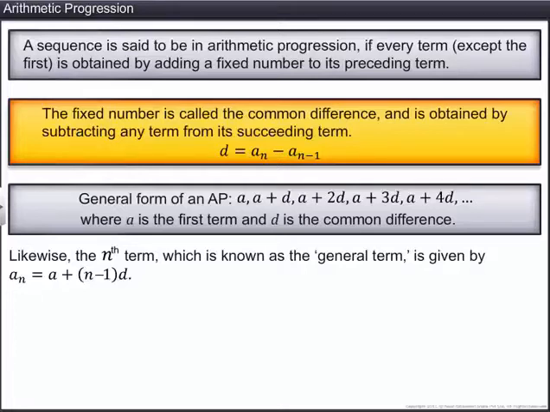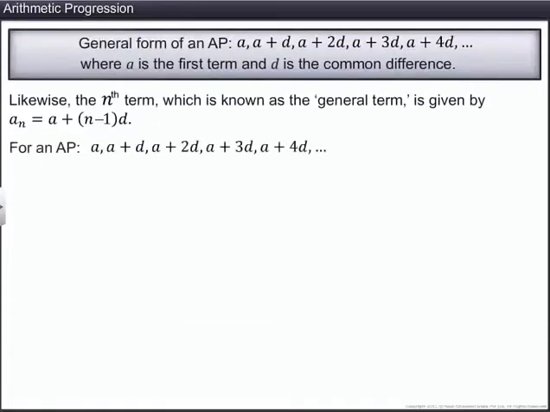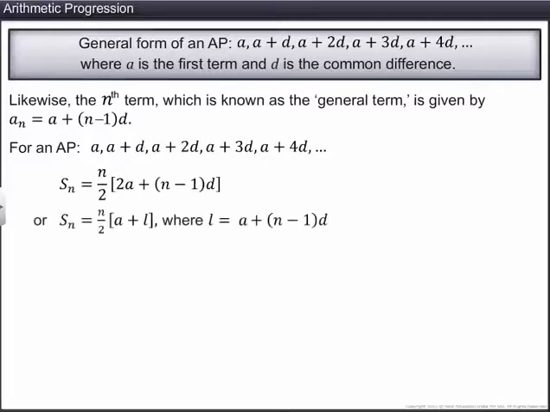The sum of the first n terms of an arithmetic progression is n by 2 into 2a plus n-1 into d, or n by 2 into a plus l, where l is the nth term or the last term of the arithmetic progression.